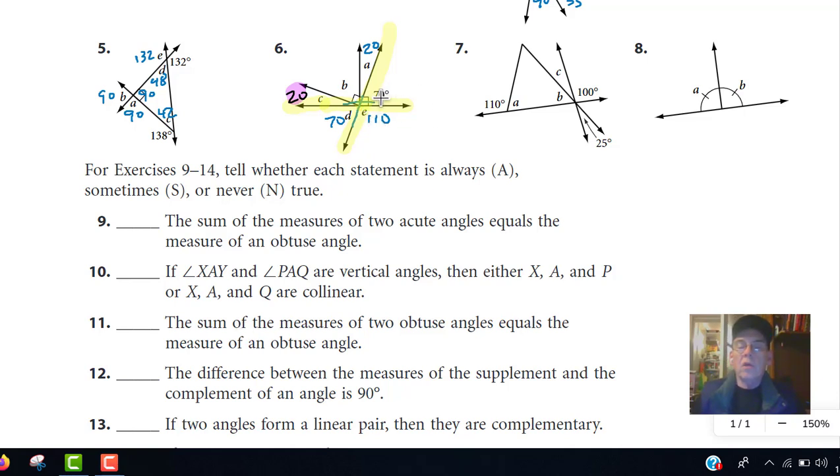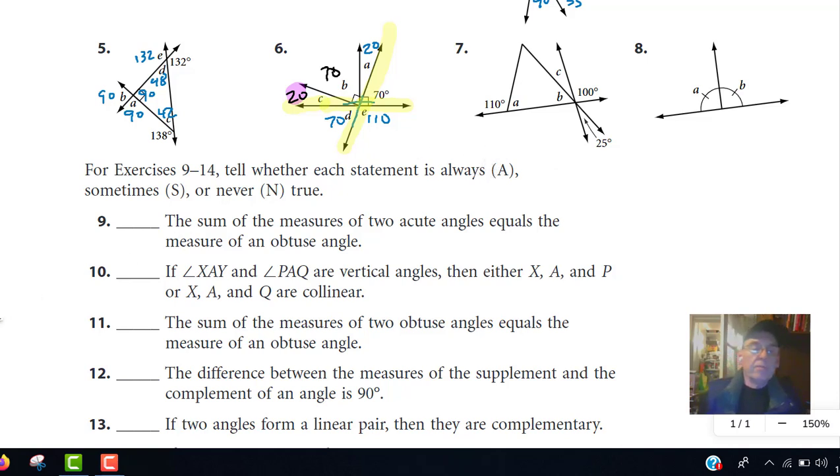And let's see. These angles together have to be a right angle. And these angles together need to make a right angle. So B must be actually 70 degrees. So 70 and 20 makes 90 for this angle. 70 and 20 makes 90 for this right angle. And we got everything that we need.